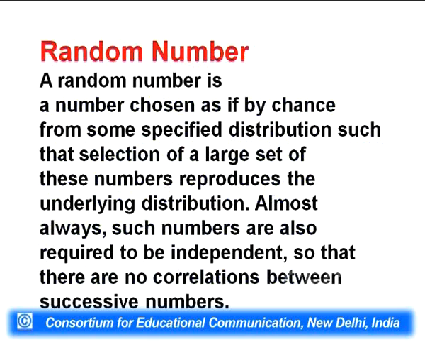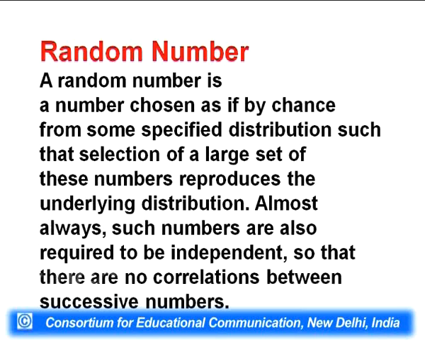A random number is a number chosen as if by chance from some specified distribution, such that selection of a large set of these numbers reproduces the underlying distribution. Almost always, such numbers are also required to be independent, so that there are no correlations between successive numbers.